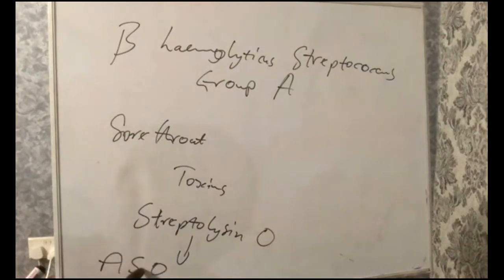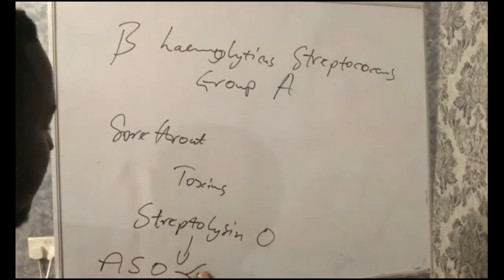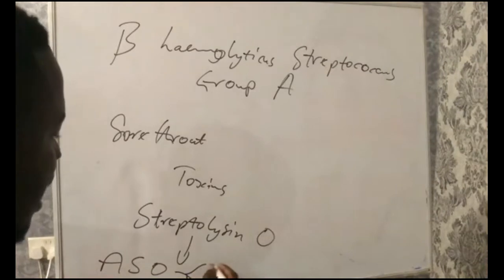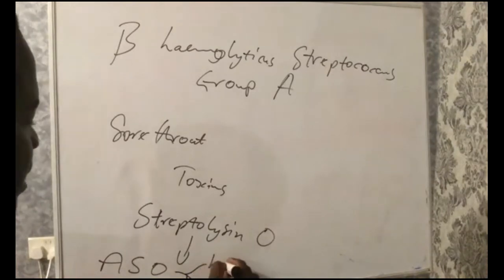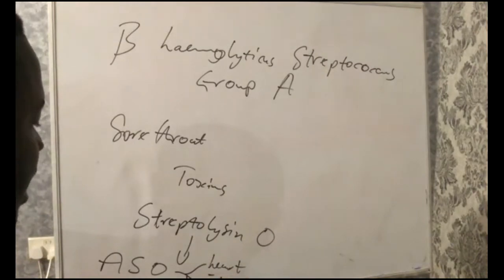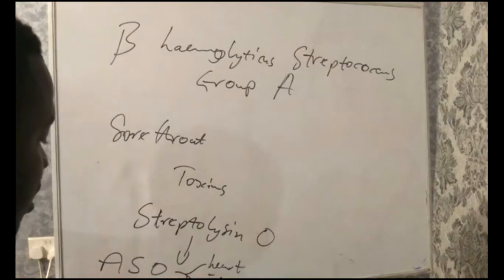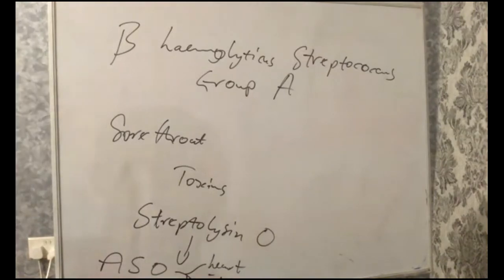Instead of these antibodies attacking only the streptolysin O, these antibodies sometimes can attack various connective tissues, collagen fibers found in the heart, okay, in the joints, okay, and even in our brain.